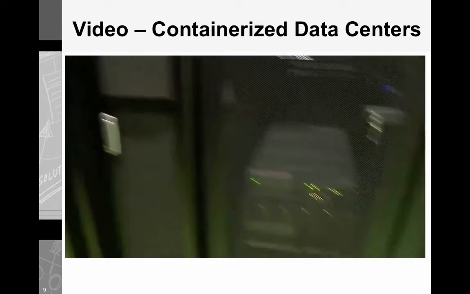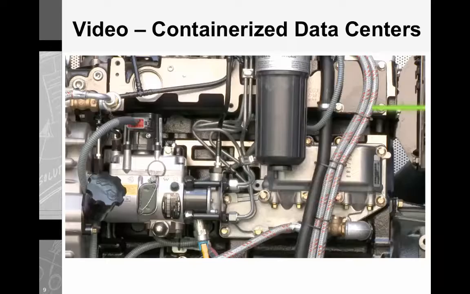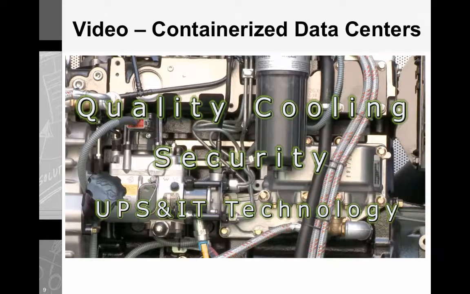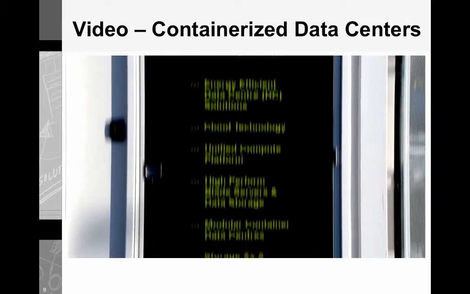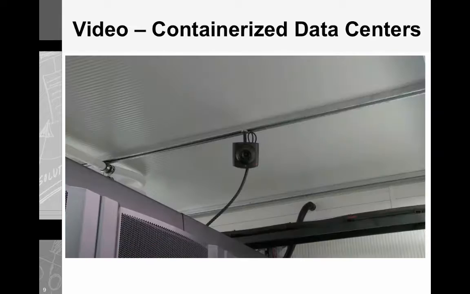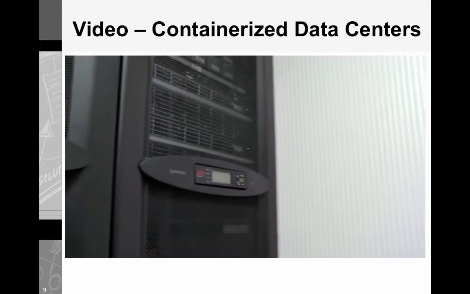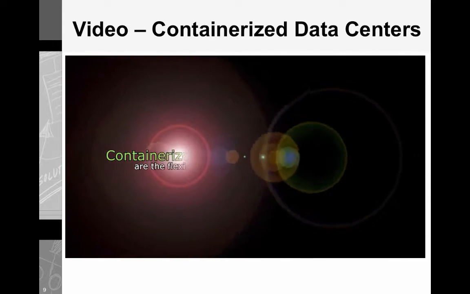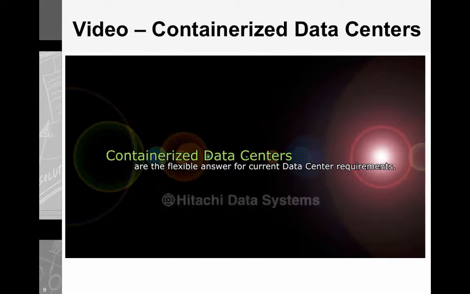Green Data Systems containerized data centers can be implemented within 10 weeks and can be customized with quality cooling, security, UPS, and IT technology. Green Data Systems containerized data centers are smart solutions for rapid, easy deployment of high-density computing and can be shipped to customer sites throughout Europe. Containerized data centers are the flexible answer for current data center requirements, powered by Hitachi Data Systems.